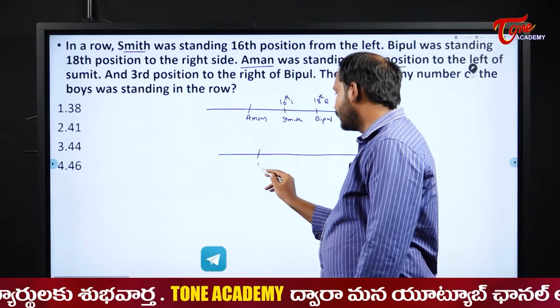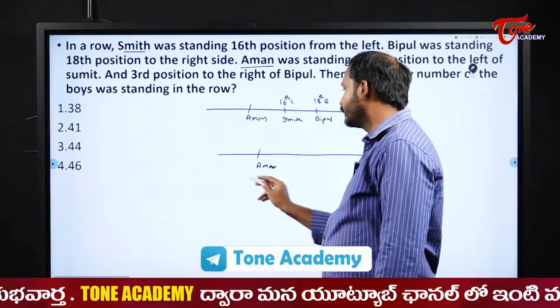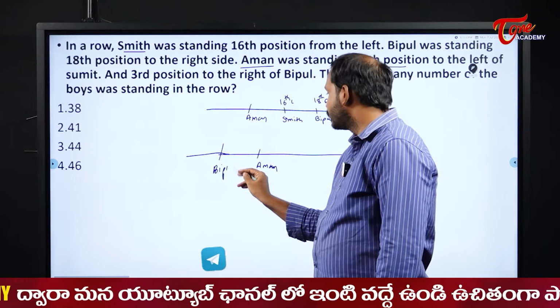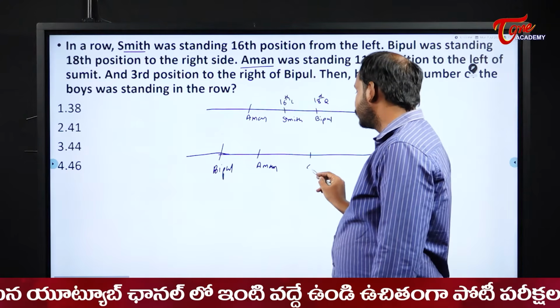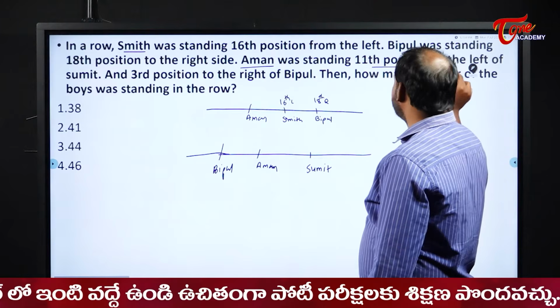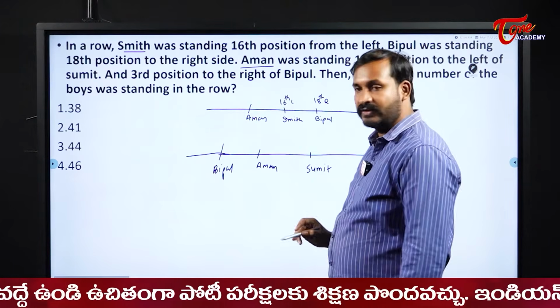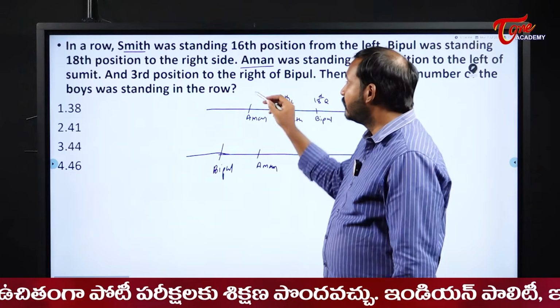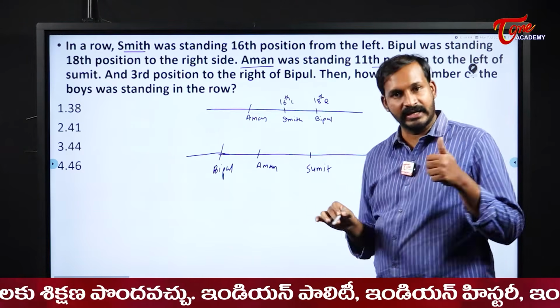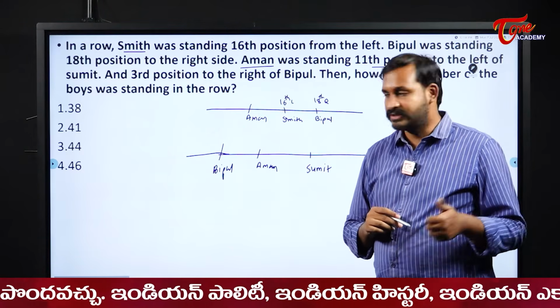Aman will be there here, right? And here I will have Bipul. And here I will have Sumit. Then only this case is possible, right? Aman is 11th position to the left of Sumit. Yes. And 3rd to the right of Bipul. Yes. So Aman, Bipul and Sumit should be like this only. Then only it is possible.